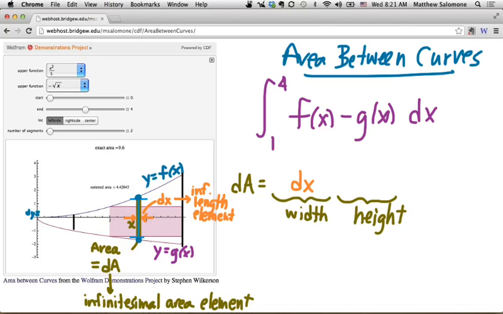Right? So suppose for the moment that this top graph is y equals, actually what does the app say it is? x squared over 5. And the bottom graph is y equals minus the square root of x. And let's pretend for a moment that I'm at x equals 2. So we're just going to pick a specific value for x. Sometimes this is a good way to get started.